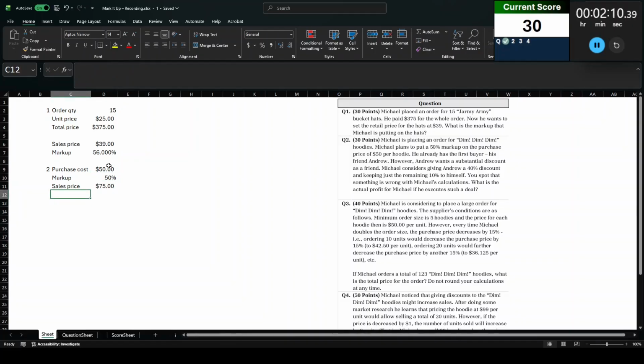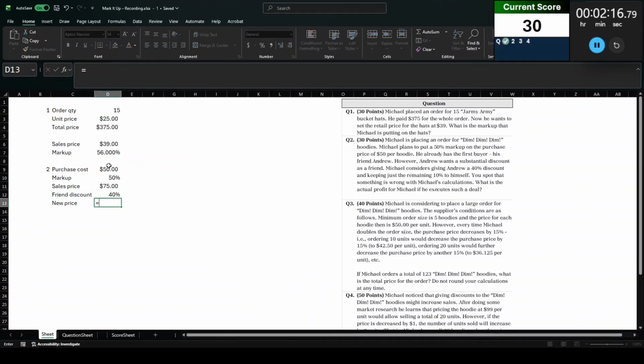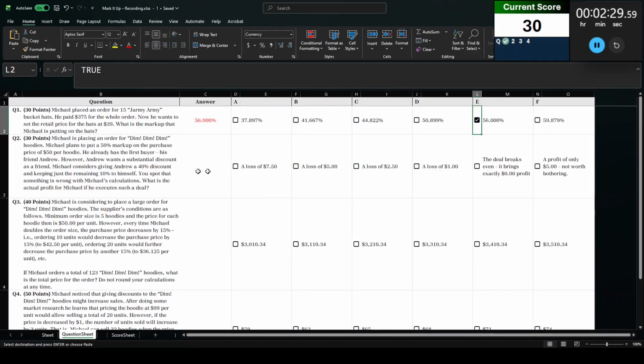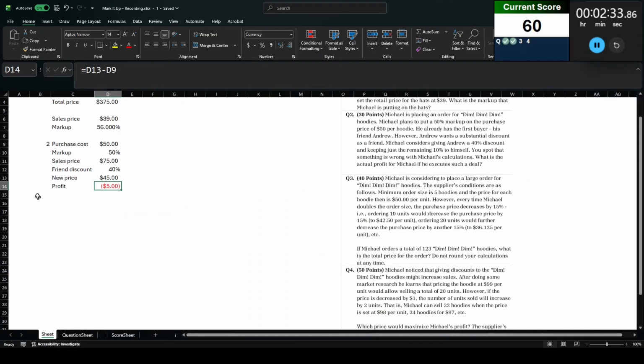Now, if he gives a friend discount of 40%, then what's the price going to be? Well, new price is going to be $75 times 1 minus that 40%, which is actually going to give us $45. So the actual profit he's going to make is actually going to be negative. He's going to lose $5 on the sale, and that's the problem with this transaction.